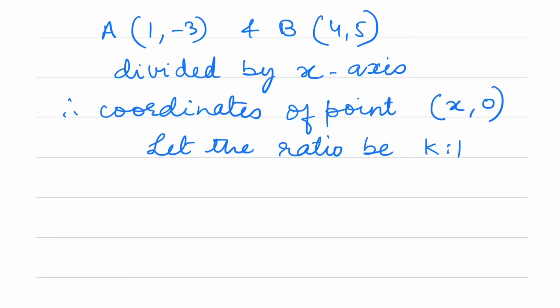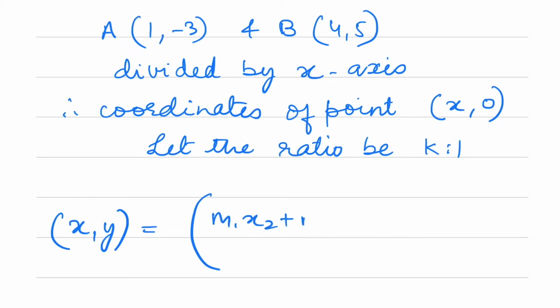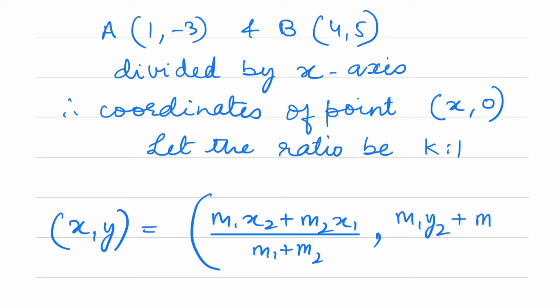Now we are going to use the section formula. The coordinates for the point which divides the line are equal to (m1 x2 plus m2 x1) divided by (m1 plus m2), and the y coordinate will be (m1 y2 plus m2 y1) divided by (m1 plus m2).